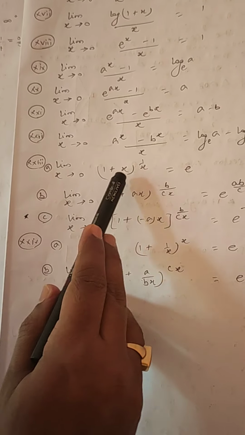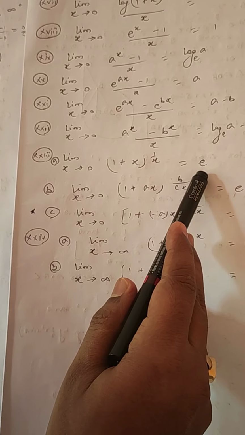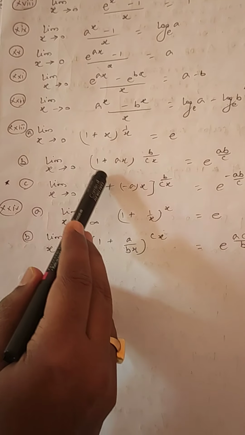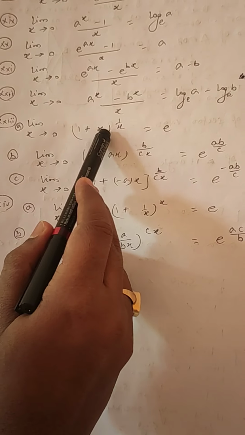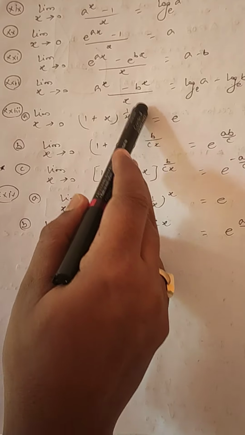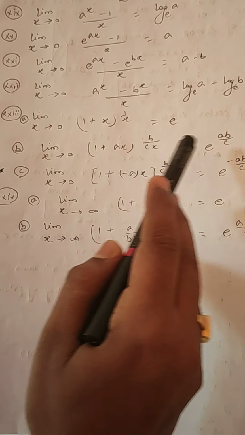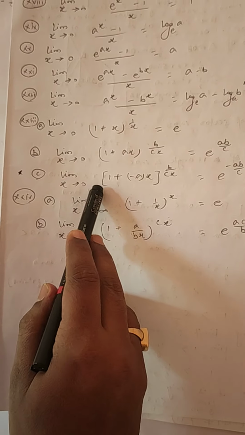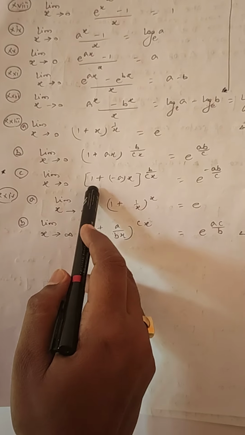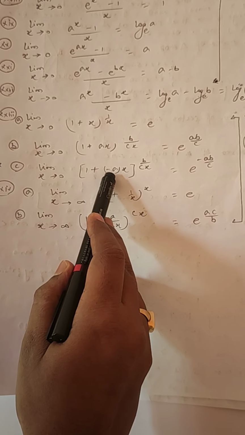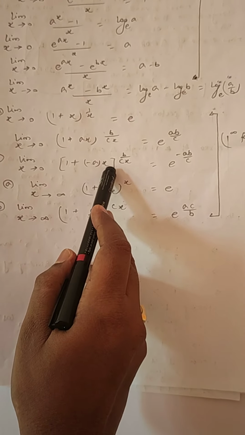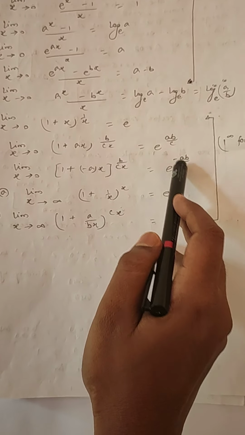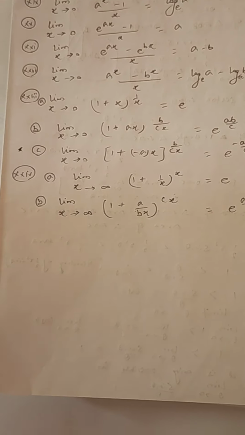Now limit x tends to 0 of (1+x)^(1/x) equals e, and this is the form of 1 raised to infinity. If we substitute coefficient of x as a and 1/x coefficient as b/c, then this will be e^(ab/c). Next, the same generalized form with (1 - ax)^(b/cx) equals e^(-ab/c).